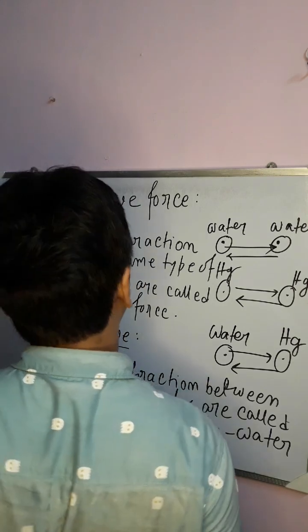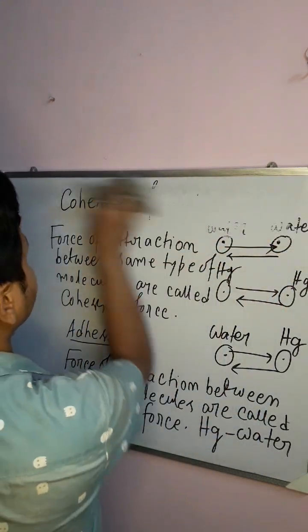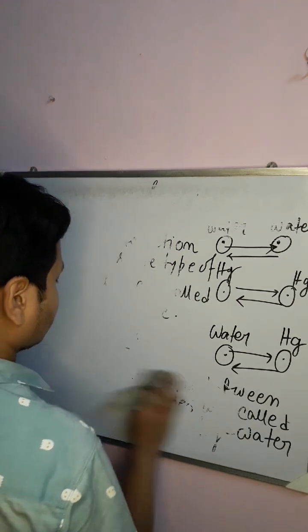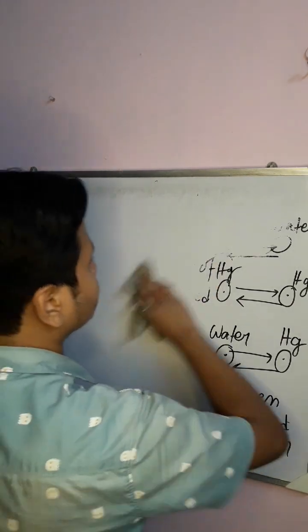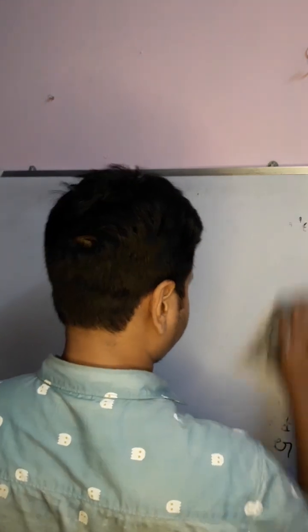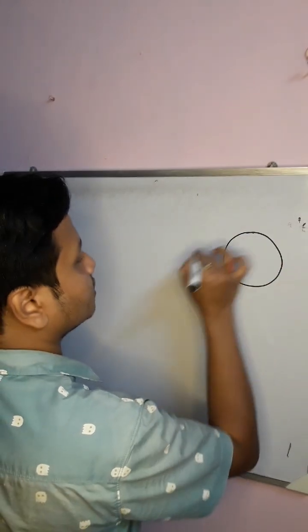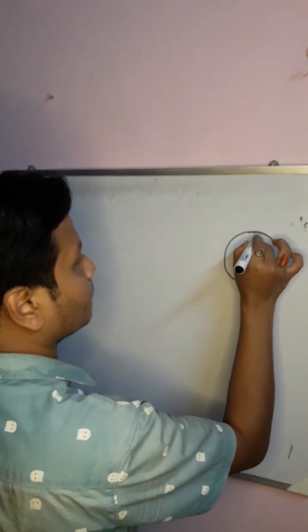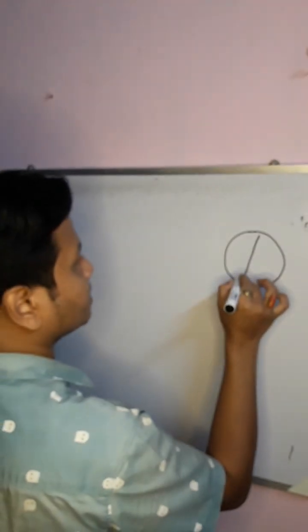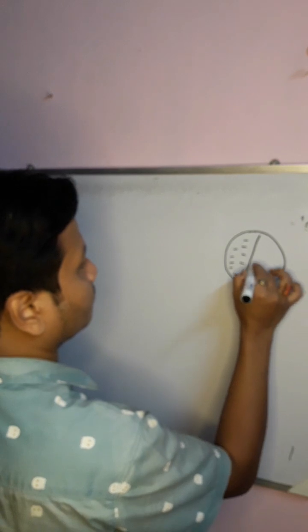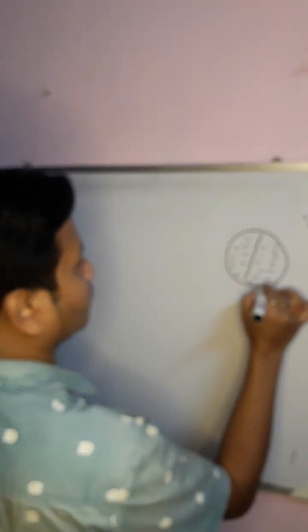Okay, so these are two different types of forces between the liquid molecules. Now we can easily define the term surface tension. How can we define the surface tension? Say this is a liquid. We draw an imaginary line on it.